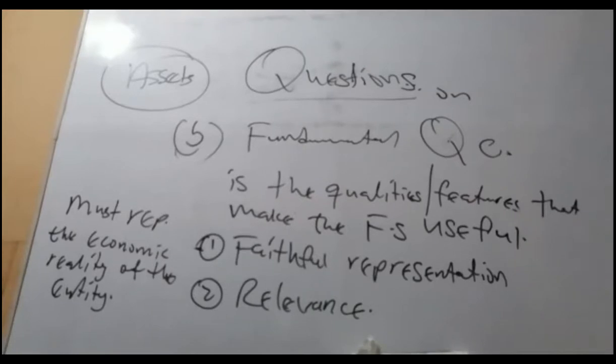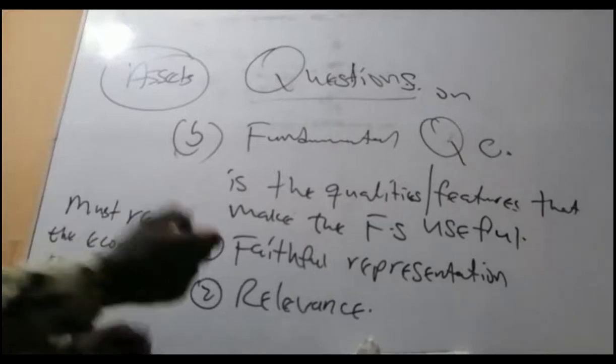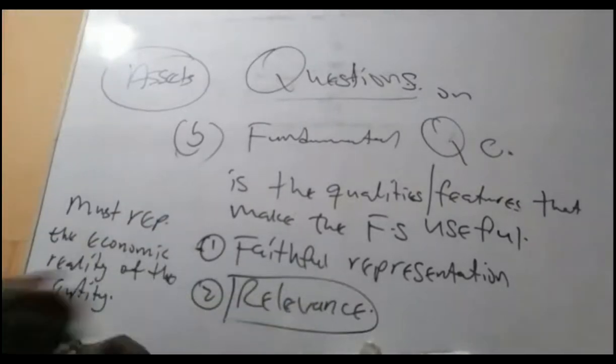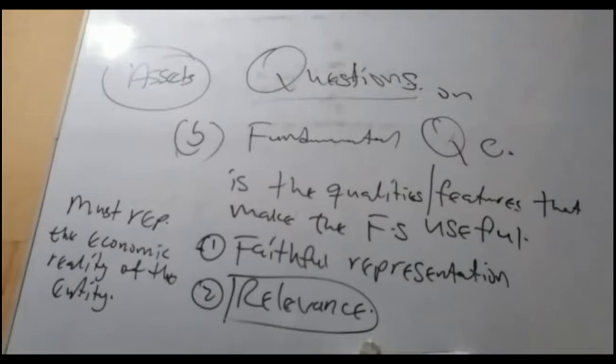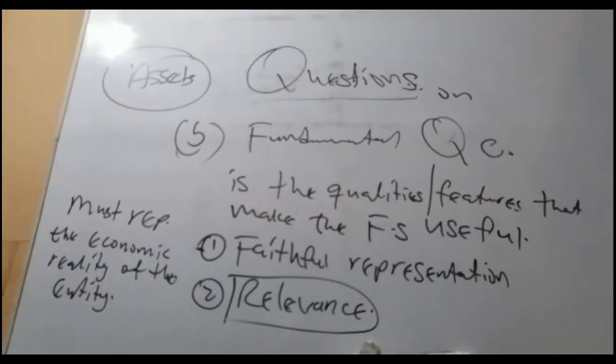Then finally, transactions must be reported at their substance, but not the form. So these are the items that will improve faithful presentation. That's all. Then you talk about relevance. If you need more, you can visit the previous lecture to gain more about this.